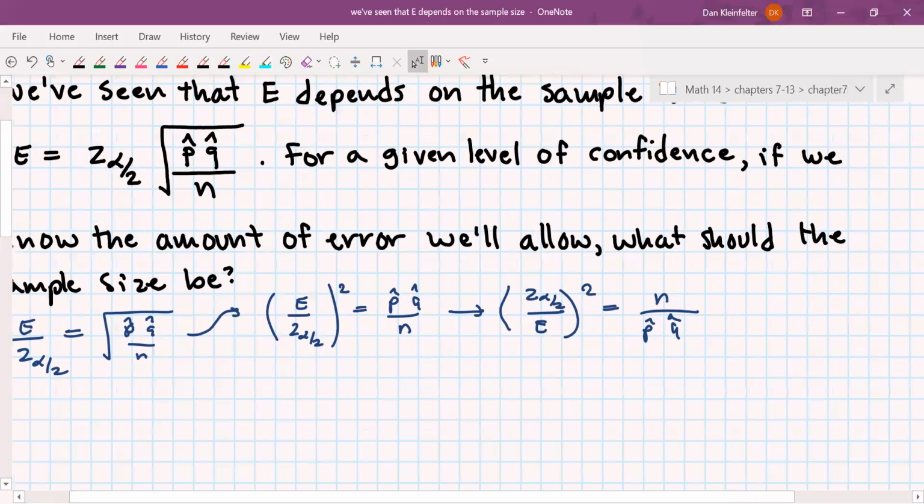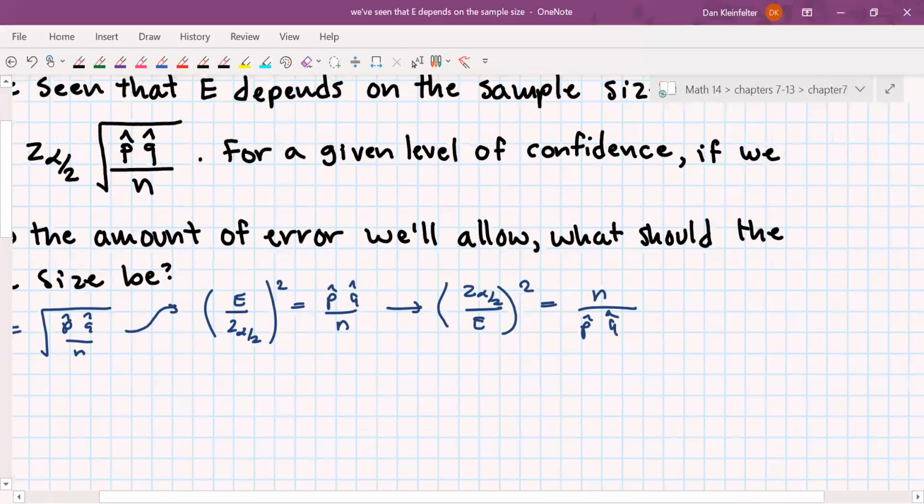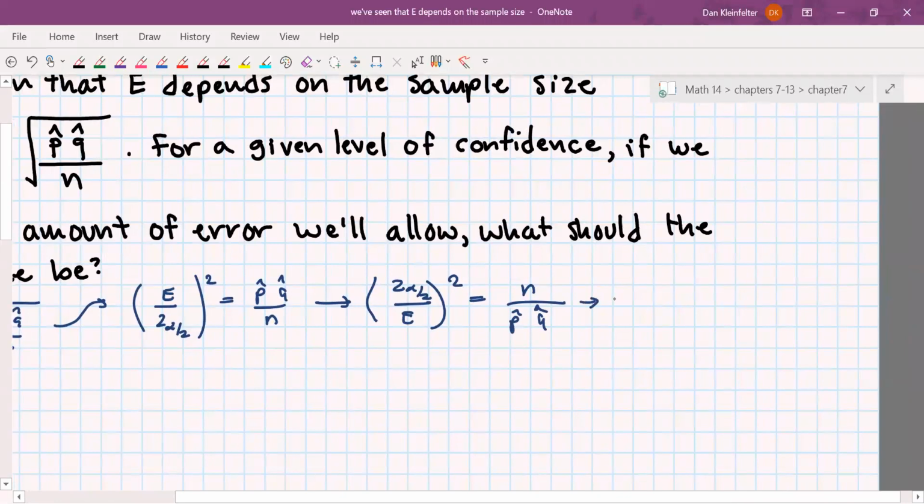And then finally, we're going to multiply both sides by P hat Q hat to get the N all by itself. So N will be Z alpha over 2, so let me write that a little bigger, over E squared times P hat Q hat.